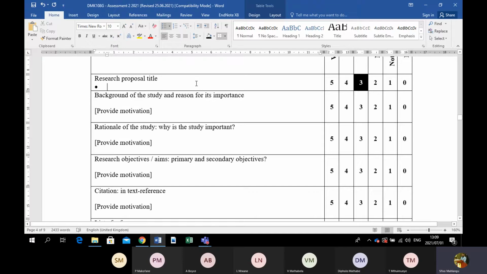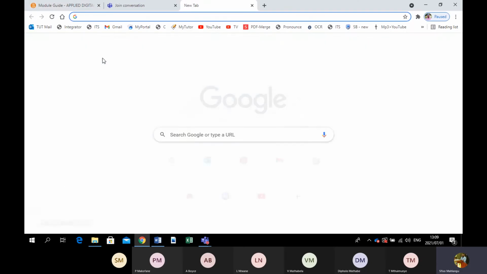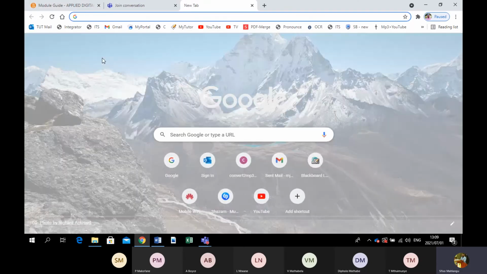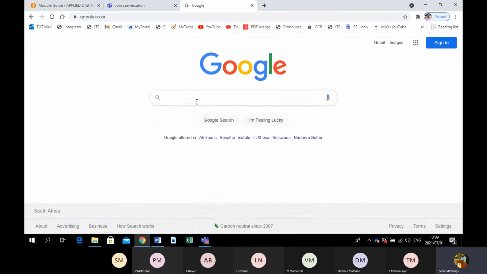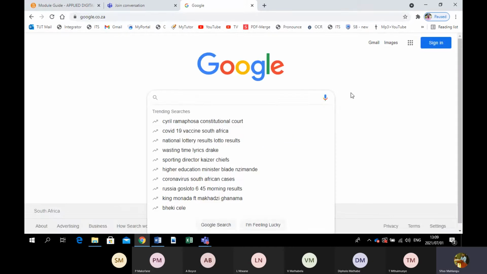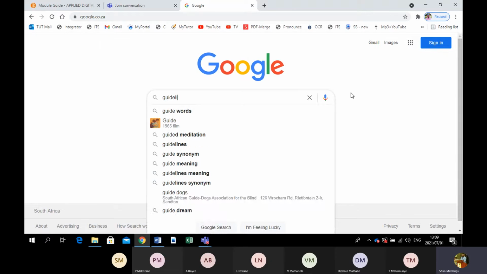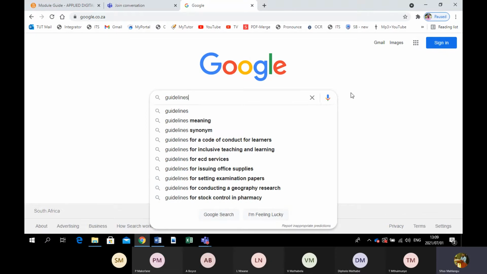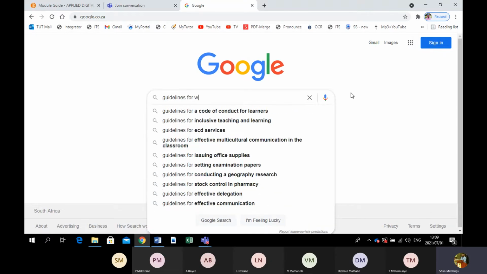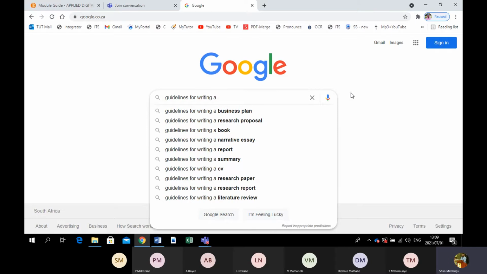So now, first thing here is that there are different sources that you can use to motivate your answers regarding all this. You can use a simple Google search engine, for example, and here you say guidelines, or it's up to you how you search it, guidelines for writing a research proposal.